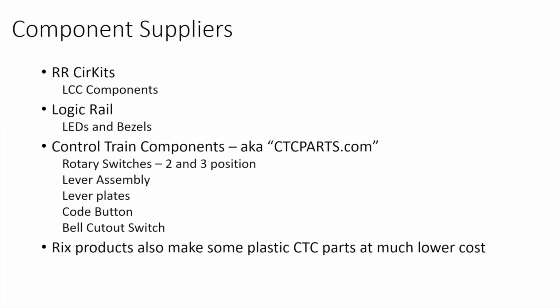They also provided the lever assembly, the lever plates, the code button, and the bell cutout switch. So they have a full range of hardware which are replicas of US&S hardware. As a matter of fact, Control Train Components will actually build. They are willing, and they provided me a quote, which I'll talk about in a minute, to do an entire panel for you, or you can just buy hardware from them.